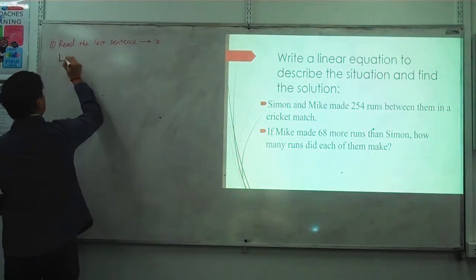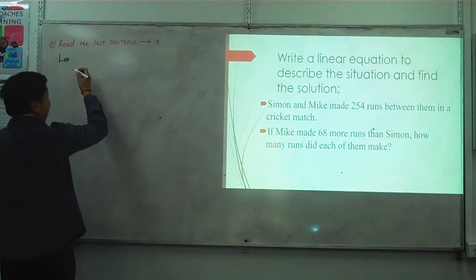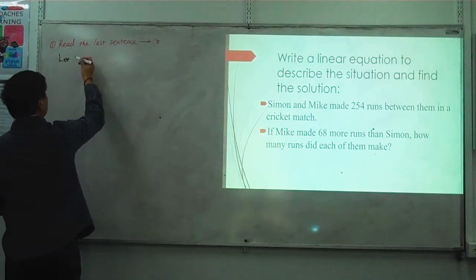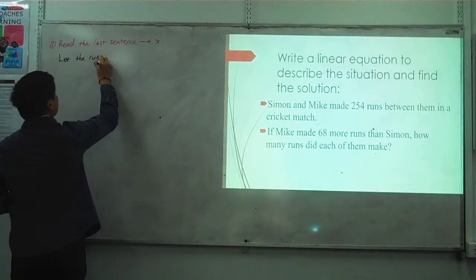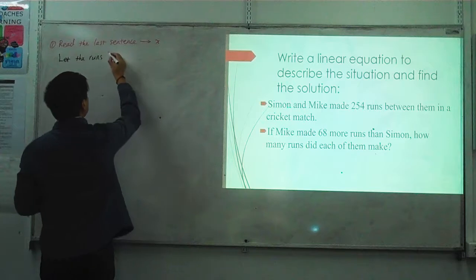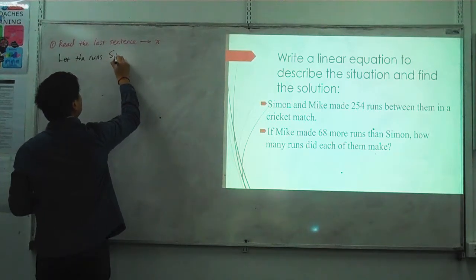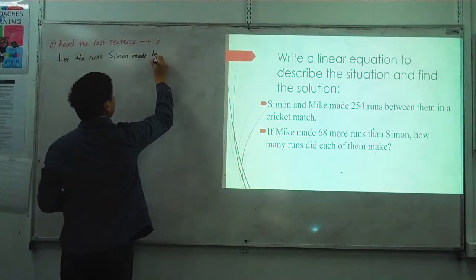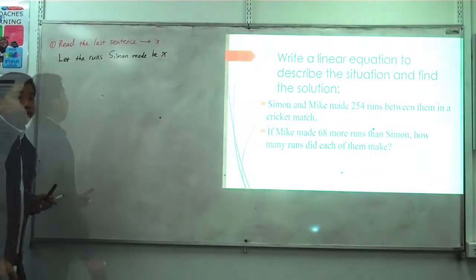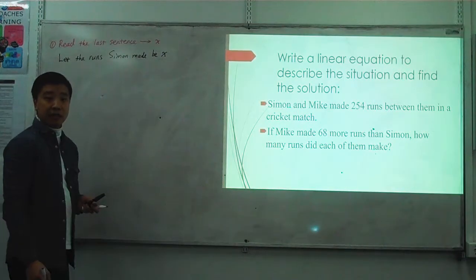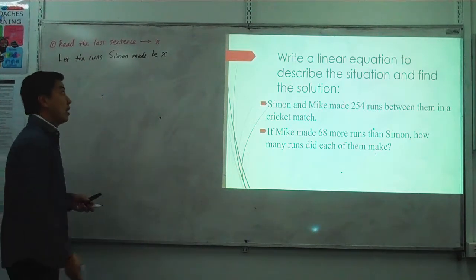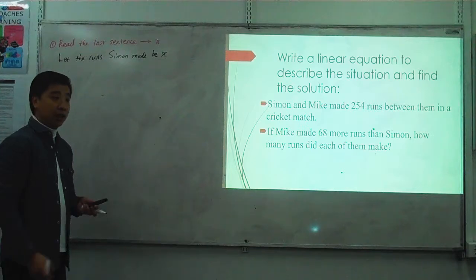So let the runs Simon made be X. After we write this sentence, we can continue to read all the descriptions and then we can set up the equation.